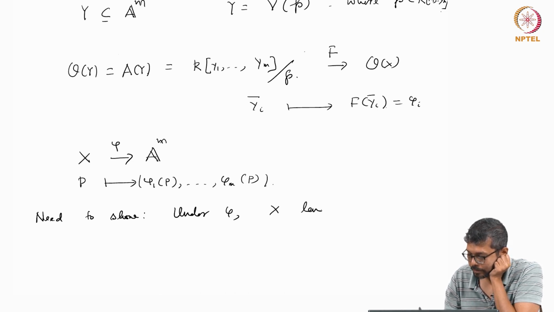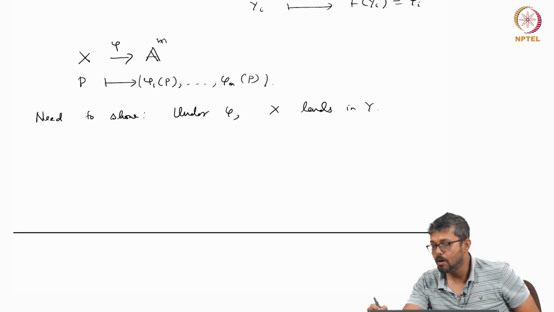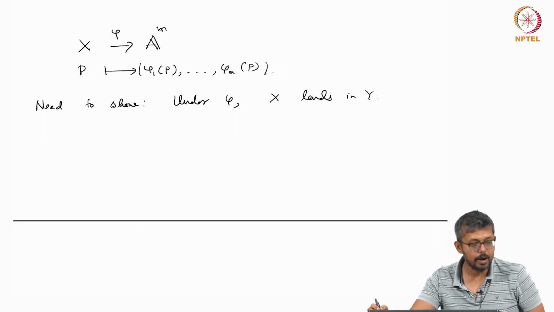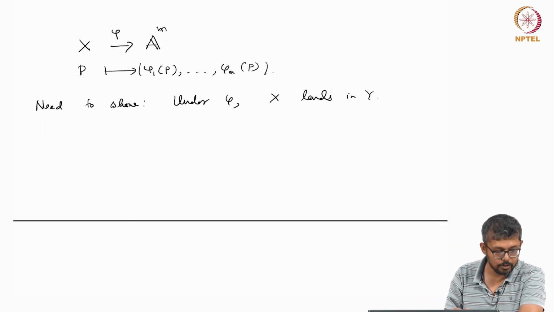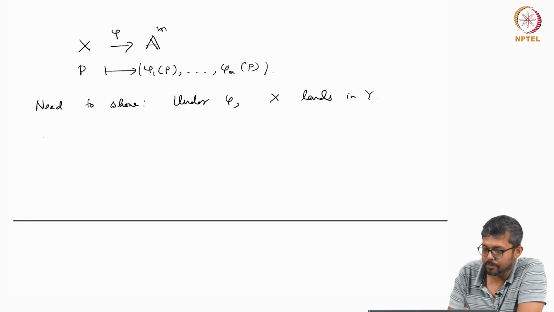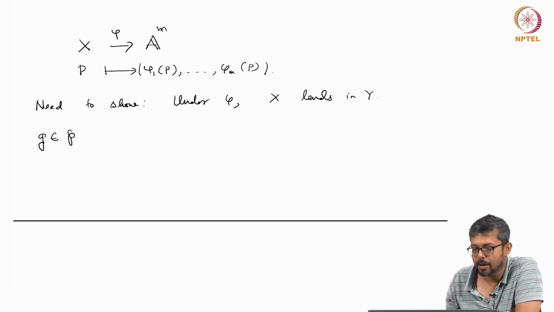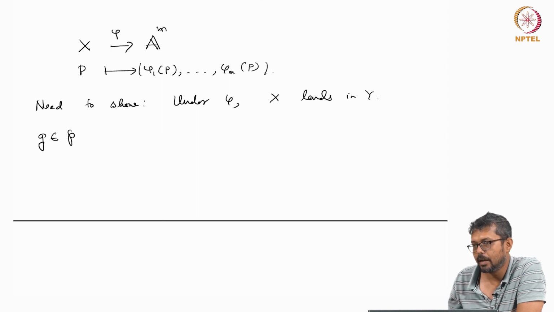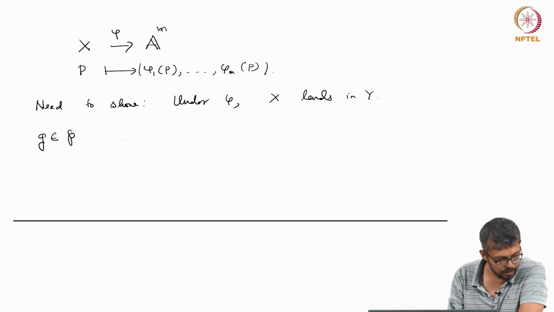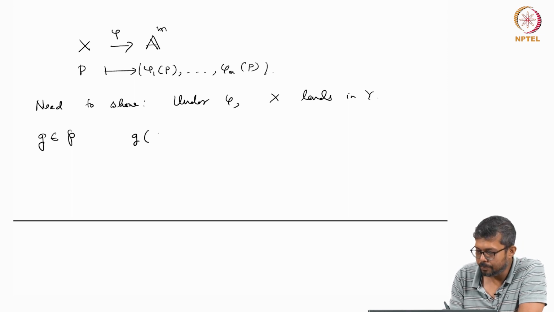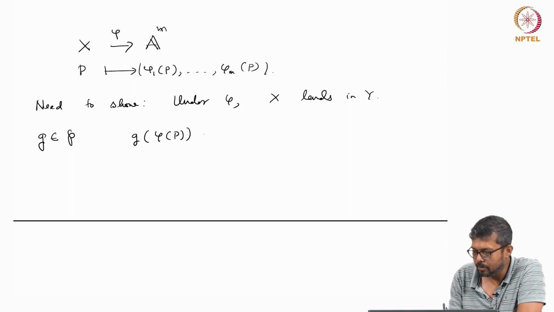So suppose g is a polynomial, so that g belongs to P, the ideal of Y, because P is a prime ideal.